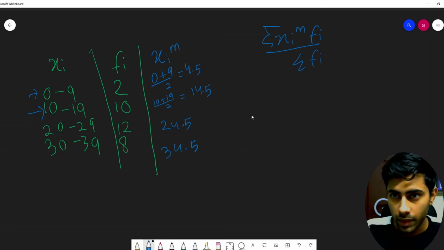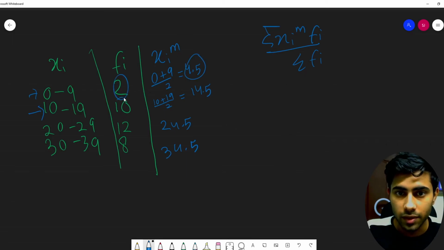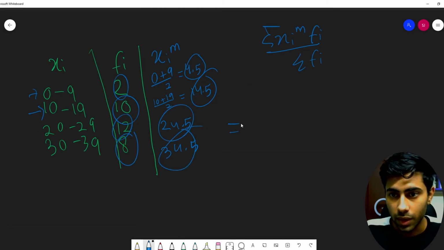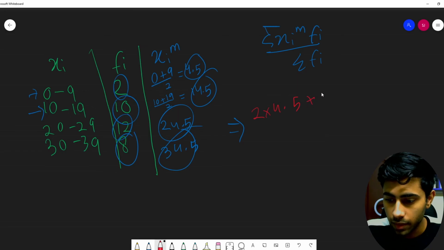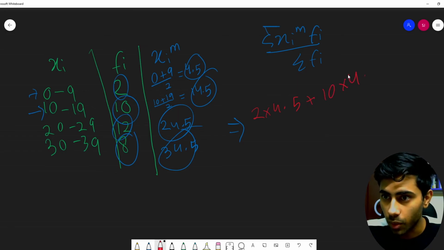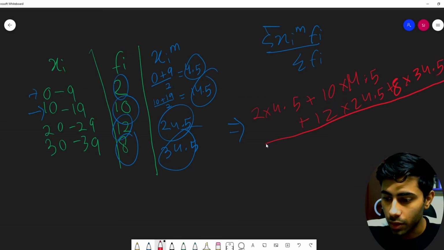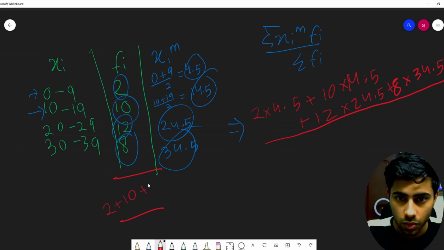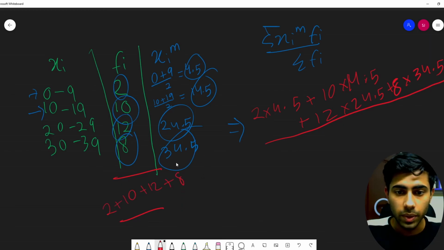So if I put these values here, I'm going to get 2 multiplied by 4.5 plus 10 multiplied by 14.5 plus 12 multiplied by 24.5 plus 8 multiplied by 34.5, and the sum of the frequencies is going to be 2 plus 10 plus 12 plus 8, which is 32.